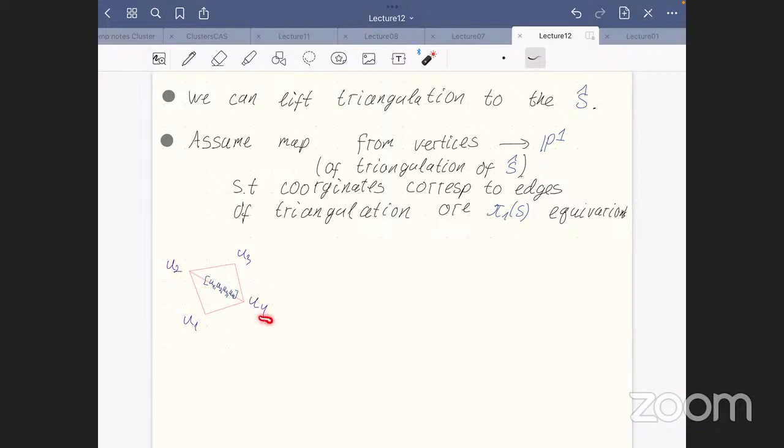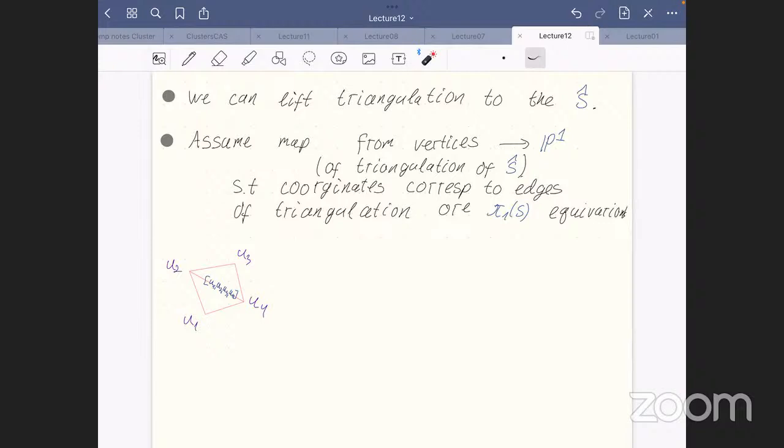If we have assigned variables, we assign points in P1 to each vertex of the triangulation, then for each foregone, we can compute the corresponding cross ratio. So we have assigned some number, some coordinates to each edge.